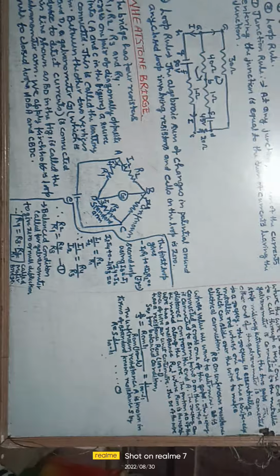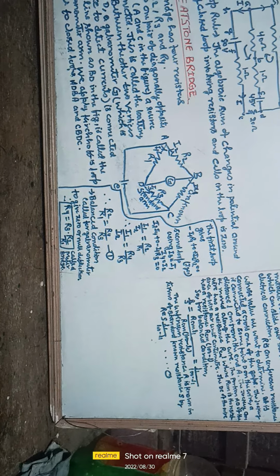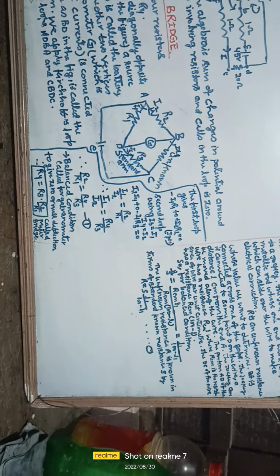The first loop gives minus I1 R1 plus I2 R2 equals 0 as IG equals 0. For the second loop, using IG equals 0, I3 equals I1 and I4 equals I2, we get I2 R4 minus I1 R3 equals 0.